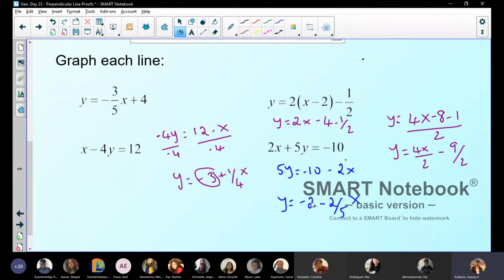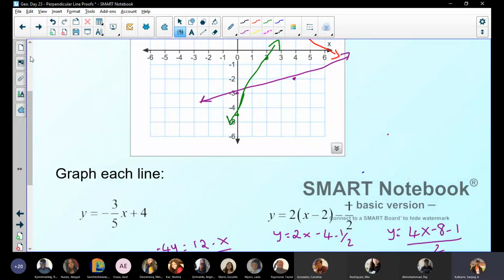Okay, so this time we have y-intercept as -2 and slope as -2/5. So 1, 2, -2 and 5. 1, 2, 3, 4, 5. Repeat the same process to get those 2 points, and we have the graph.